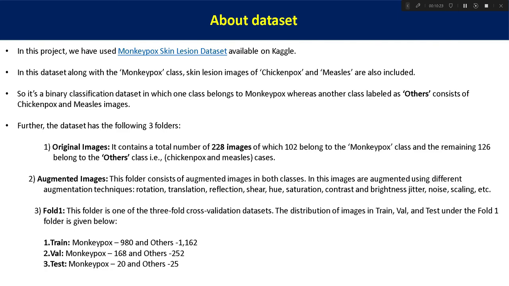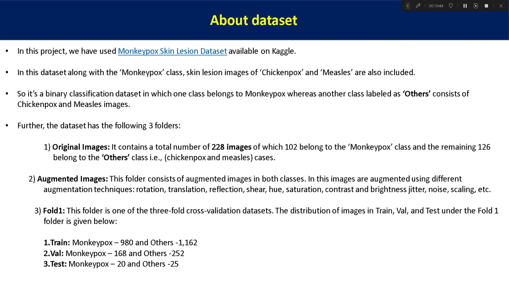Second is the augmented images, in which we have augmented images in both the classes. Images are augmented using different augmentation techniques like rotation, translation, reflection, shear, hue, saturation, contrast, brightness jitter, even noise and scaling.